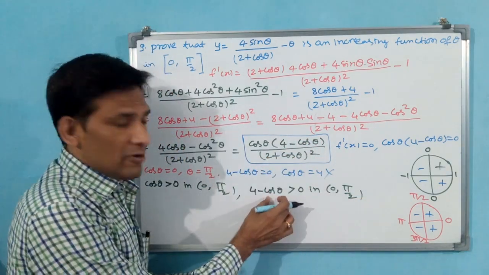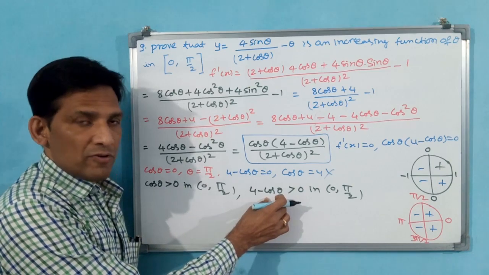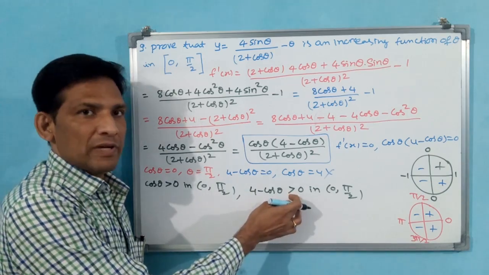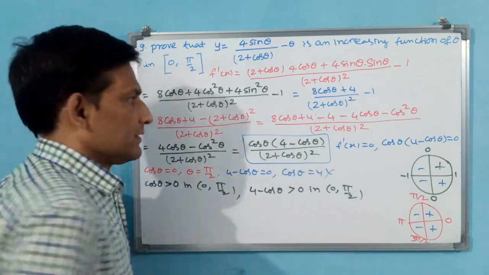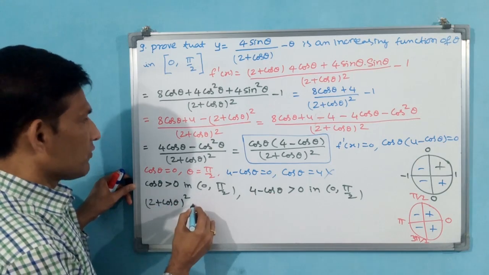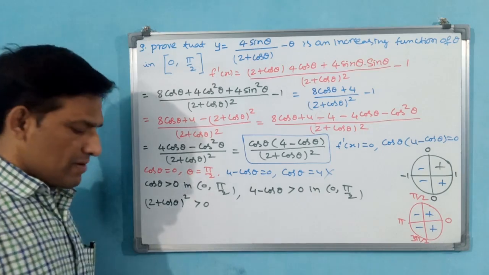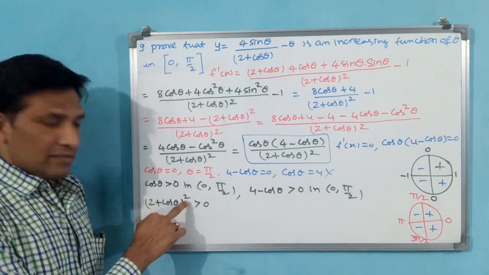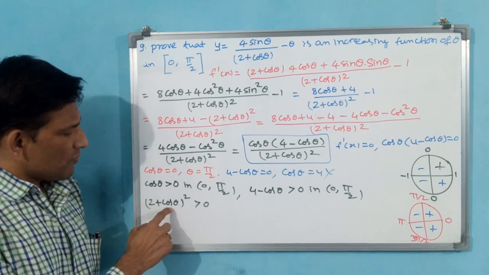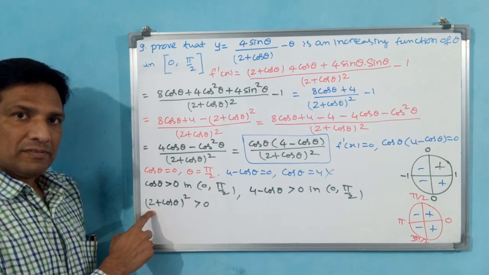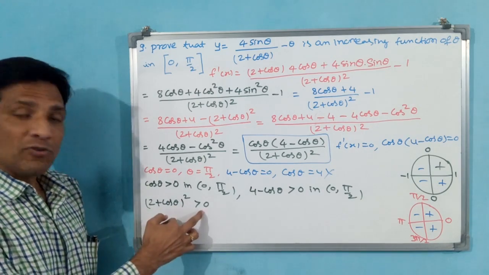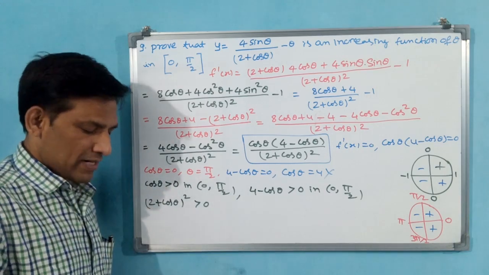Because the cos theta value is from minus 1 to plus 1 only, so 4 minus 1 or 4 minus of minus 1 always gives a positive value. Also, 2 plus cos theta whole squared is always greater than 0. Why? Because when you have declared that cos theta is greater than 0, automatically 2 plus cos theta is greater than 2, its square is greater than 4, and greater than 4 is always greater than 0. This also you have to understand.